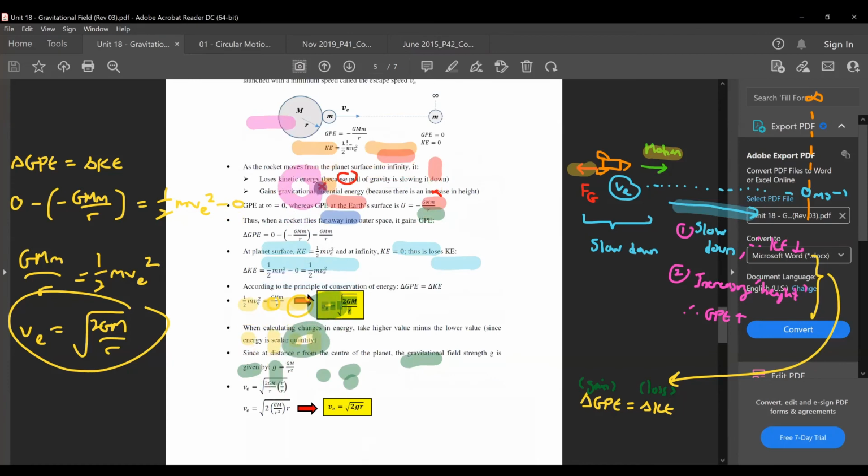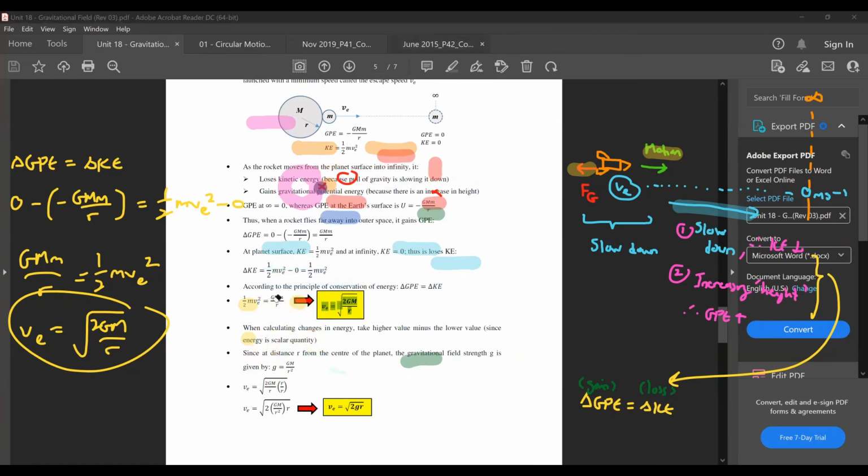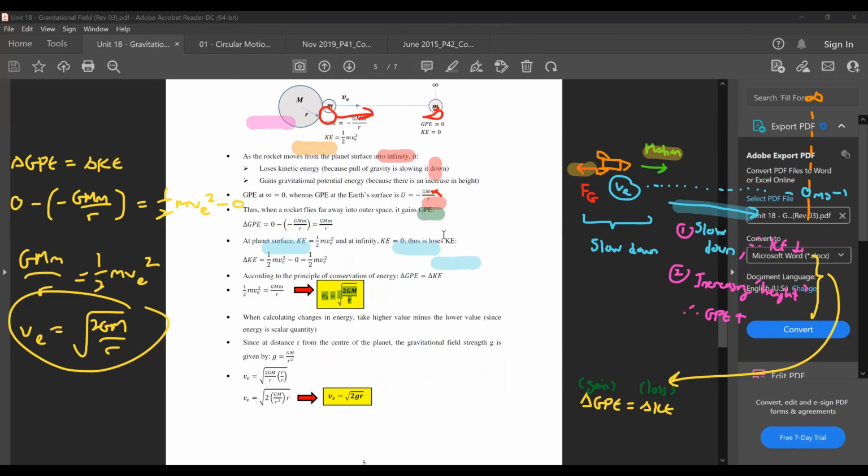The square root of 2GM over R is talking about escape speed: what's the speed that your object would need in order to escape all the way to infinity?